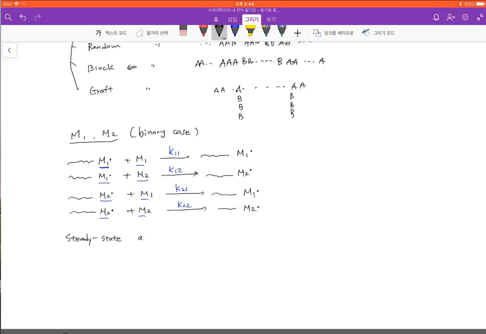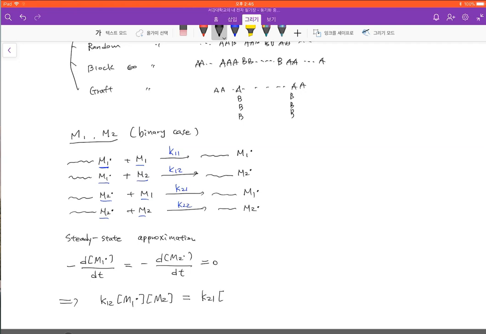And to solve it, we assume the steady state approximation. So basically, the change of radical M1 is the same as the change of M2 radical as a function of time, which is equal to 0.